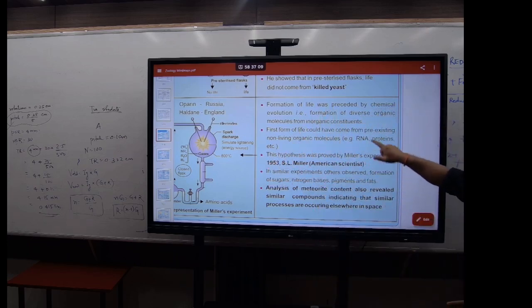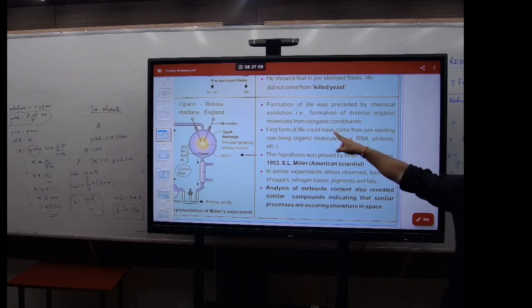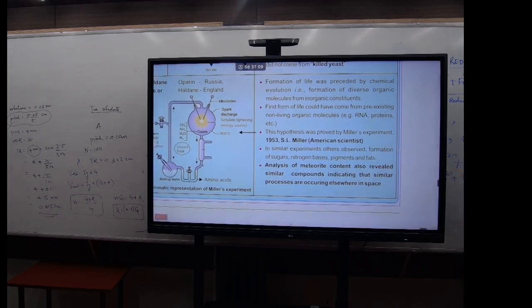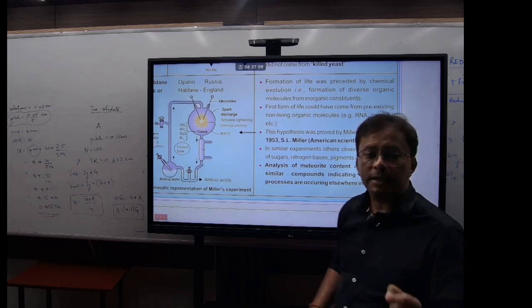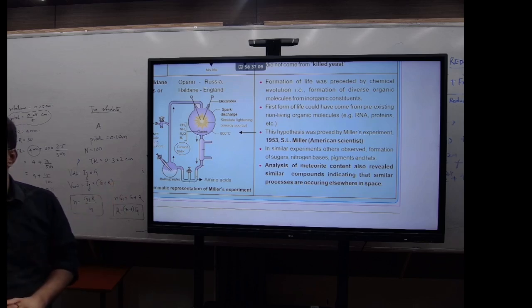That is the statement. Formation of life was preceded by chemical evolution. There is a formation of diverse organic molecules from inorganic constituents. And the first form of life could have come from pre-existing non-living organic molecules like RNA and proteins.